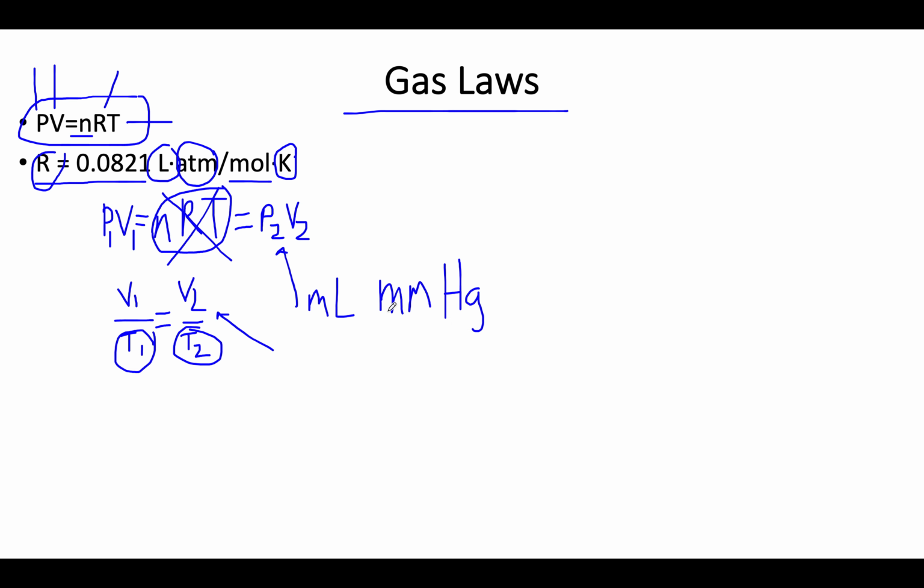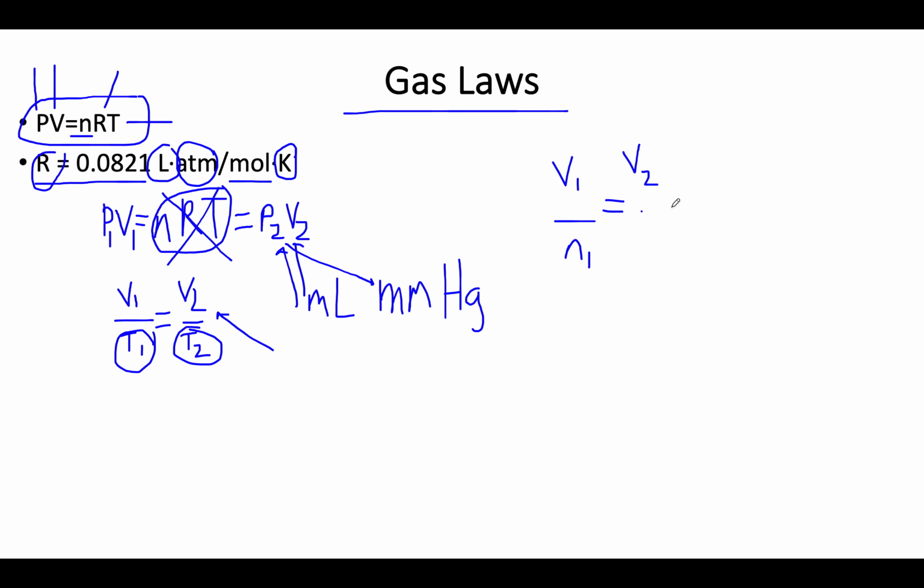It's just required when you use the ideal gas constant. So milliliters for volume, millimeters of mercury for pressure, that's okay, as long as the units are the same: millimeters of mercury on the left, millimeters of mercury on the right, milliliters on the left, milliliters on the right, then you're all set. So that's pressure, volume, volume, temperature. I'll put a couple of others up here. But the main thing, again, is wanting you to feel confident that these all come from the ideal gas law.